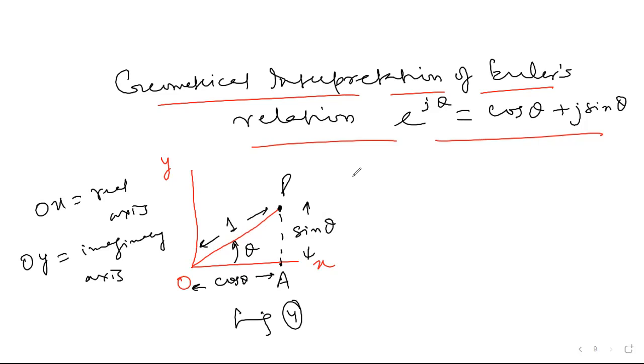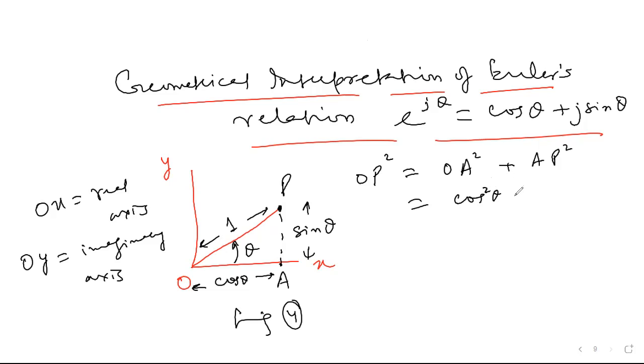Because from Pythagoras theorem, OP square is equal to OA square plus AP square, cos square theta. Let me write it clearly. It's cos theta whole square, right?